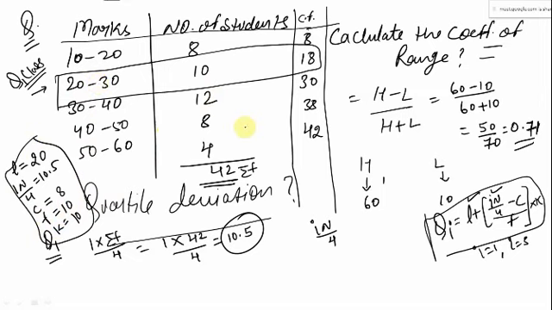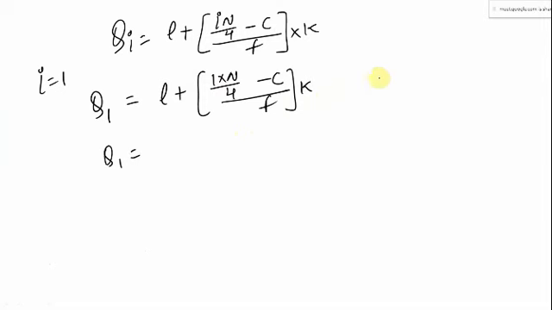We'll take these values. 20 is the lower limit, 10.5 is the 1n by 4, 8 is the C, f is 10, and class interval is also 10. We'll put all these values in this formula.